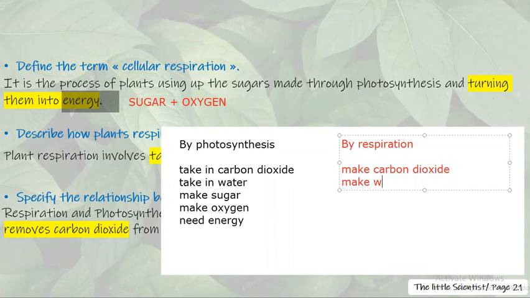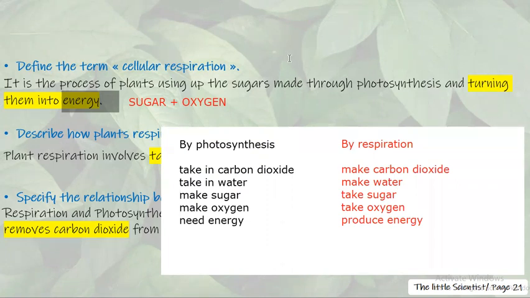They make water. They take sugar. They take oxygen. And this process does not need energy. It makes energy, which is the ATP energy. Okay, so these two processes, the photosynthesis and the respiration, are opposite to each other.